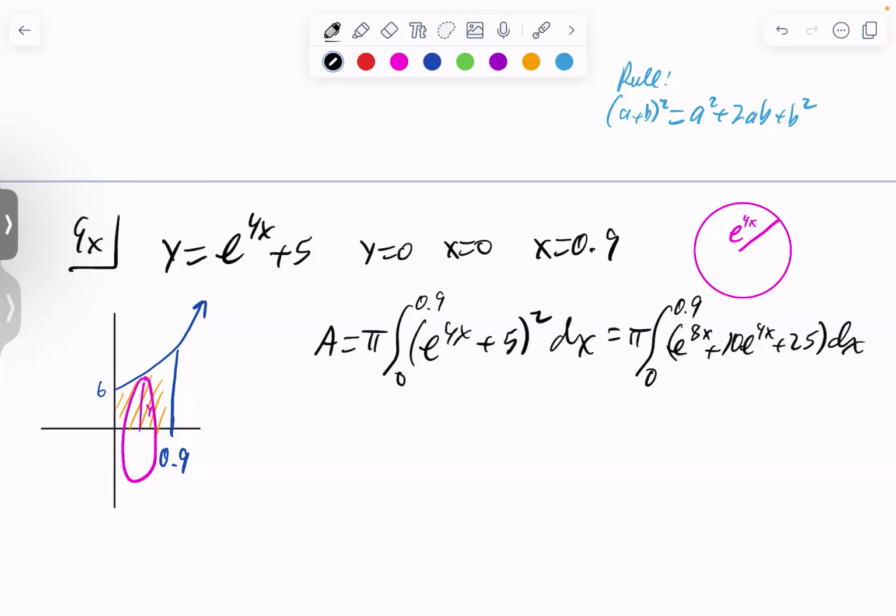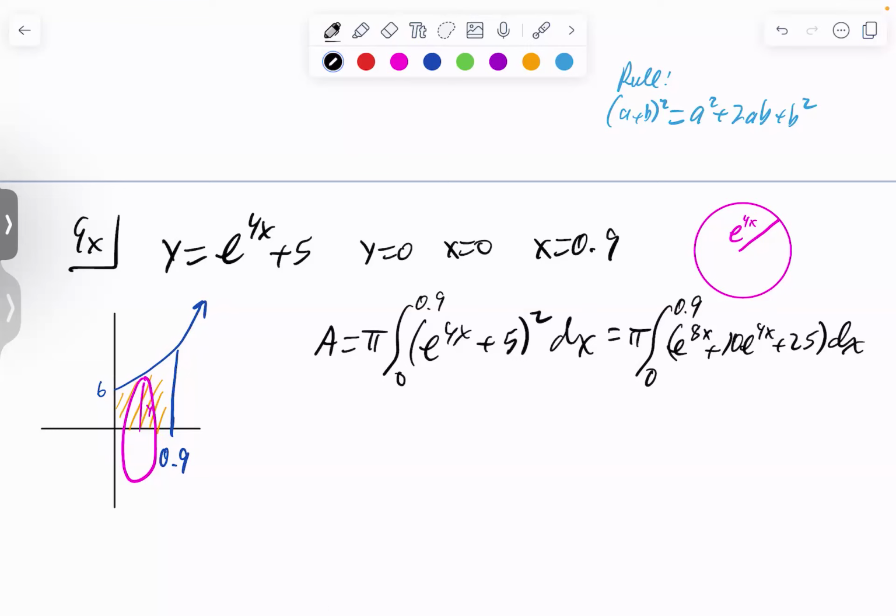And in a previous video, I mentioned that when we integrate e to the constant times x like this, we end up with 1 over a e to the ax plus c. A is going to be, in our case, the 8 and the 4 when I actually integrate it. So we have pi.